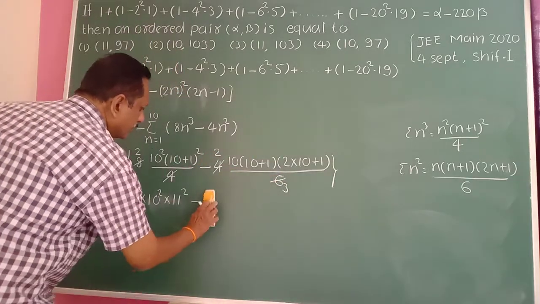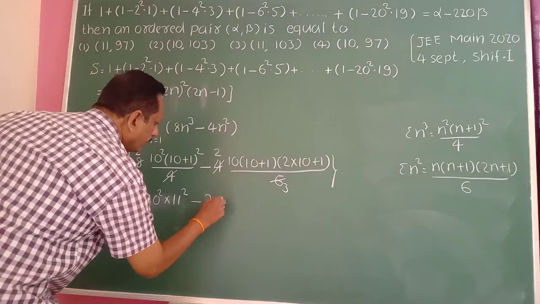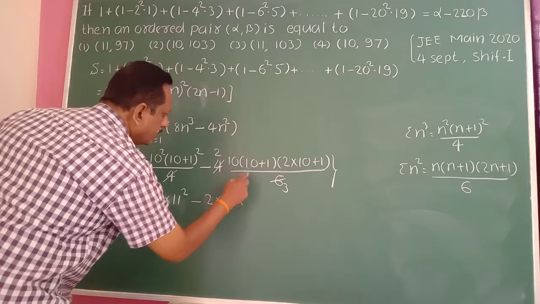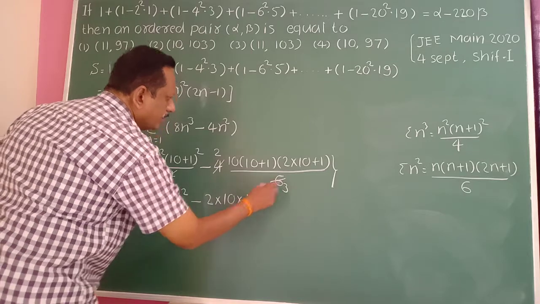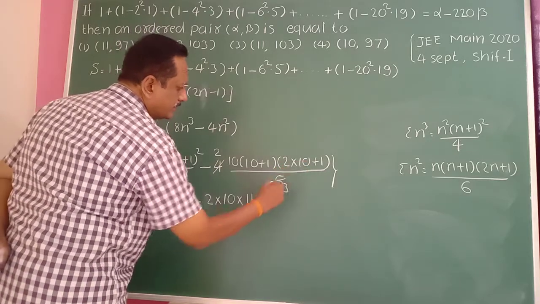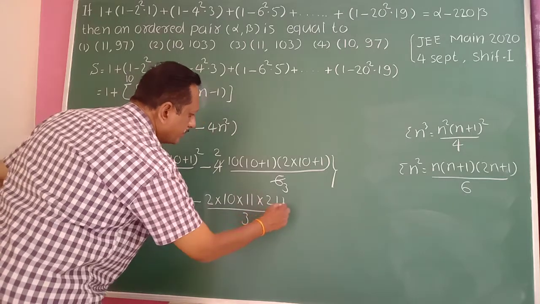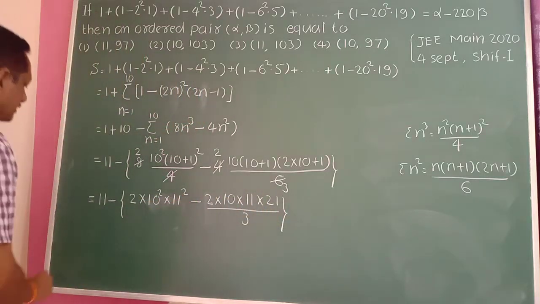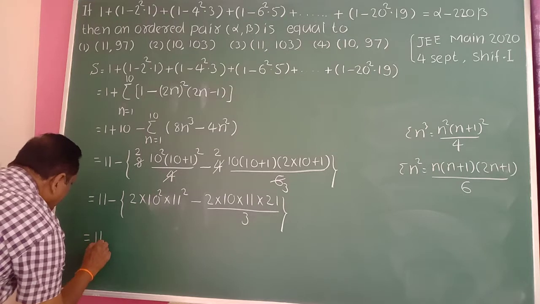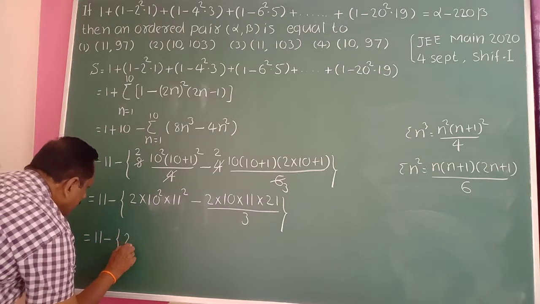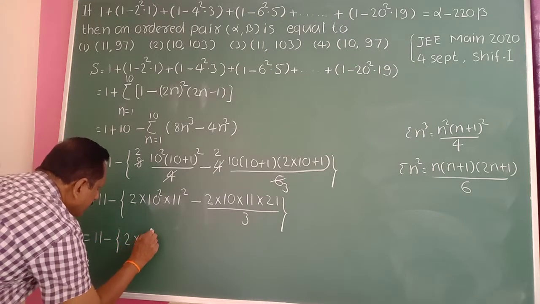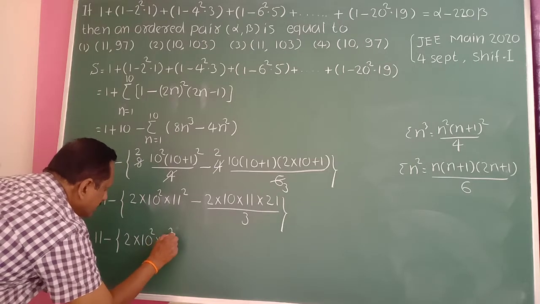Therefore 2 into 10 into 11, 10 twos are 20 plus 1 is 21, divided by 3.